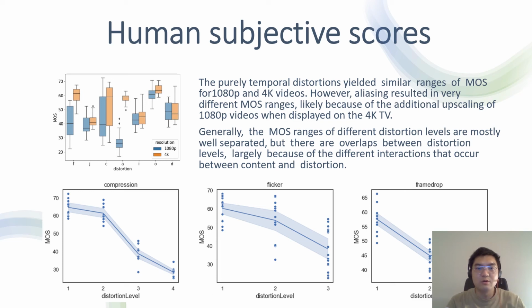However, for temporal distortion types, it's less obvious. For those distortions that have multiple levels, it's noticed that there's some overlap between different distortion levels. This is due to the interaction of the content and the distortion.